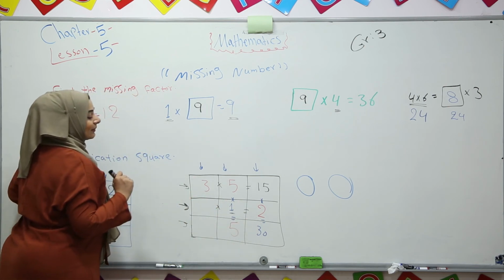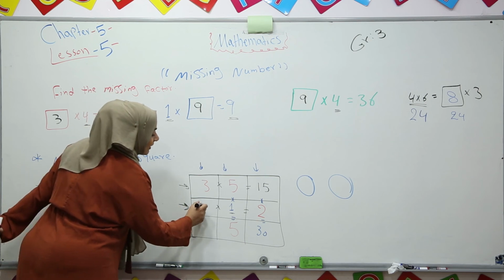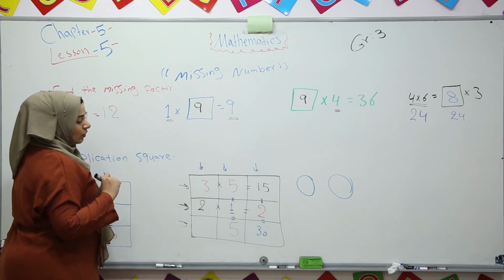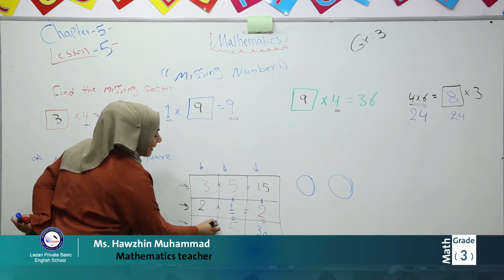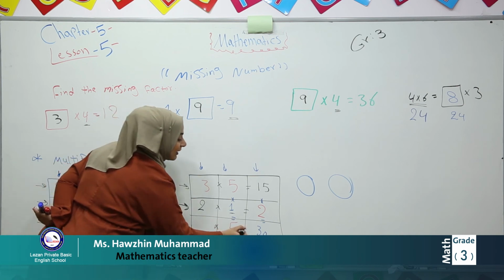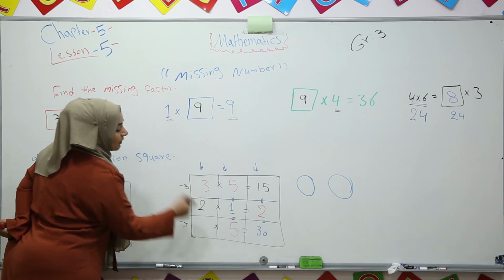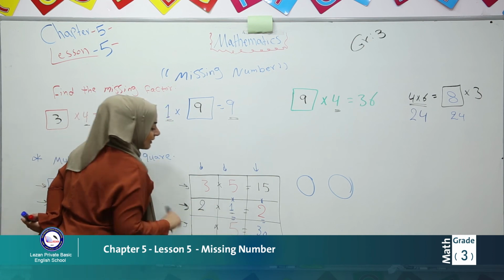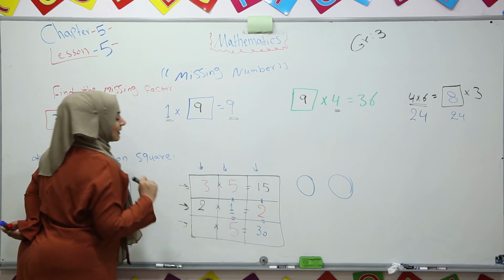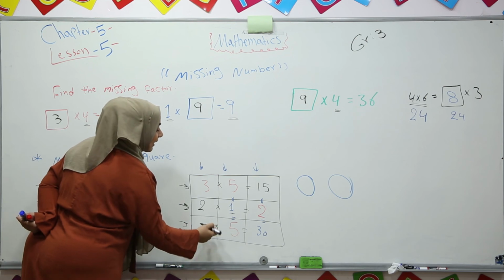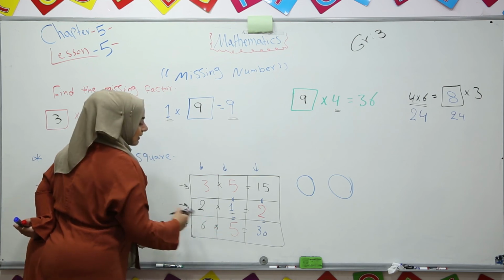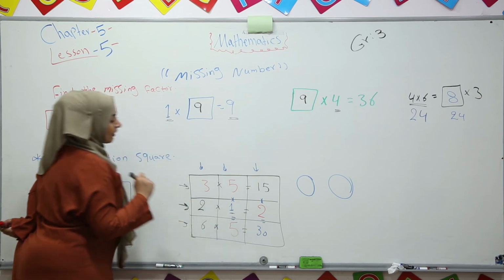It is the table of 1. 1 times by 2. Okay? 5 times by which number equals 30? It is the times table of 5. 5 times by 6. 5 times by 6 equals 30.